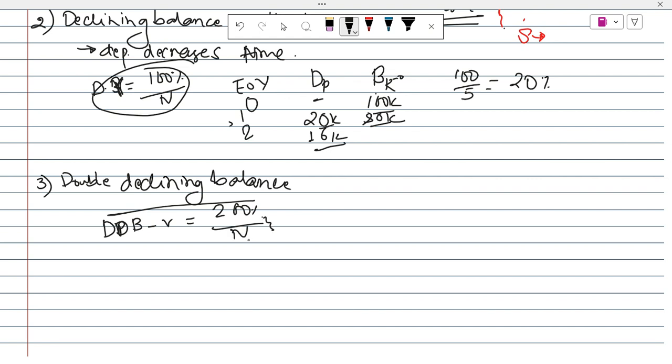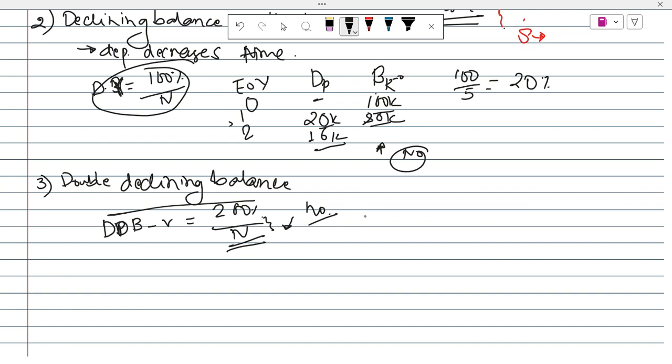Here we can see that our depreciation rate simply doubles. In these types of questions, for double declining balance, no salvage value is given, and also in declining balance method, no salvage value is generally given.